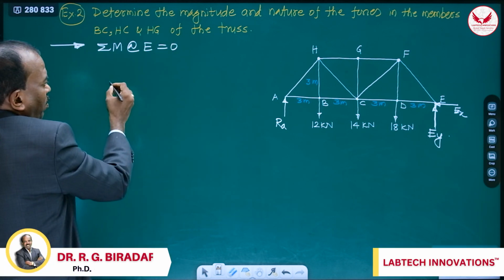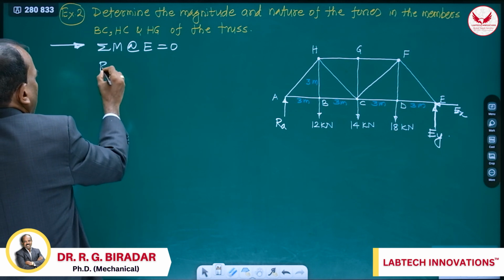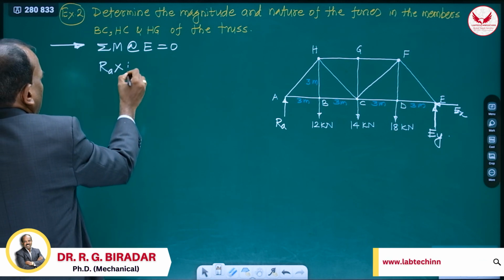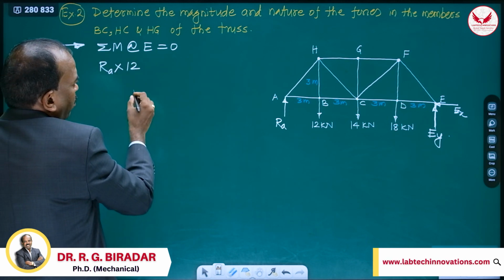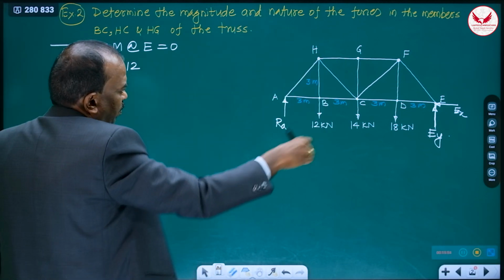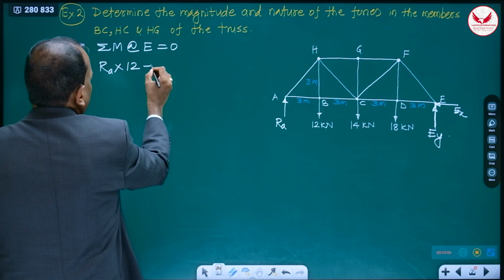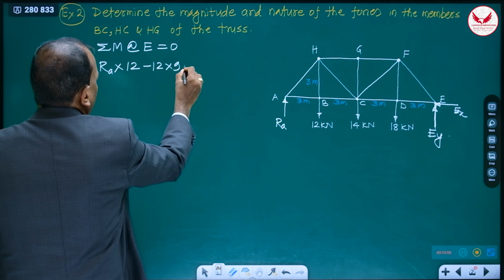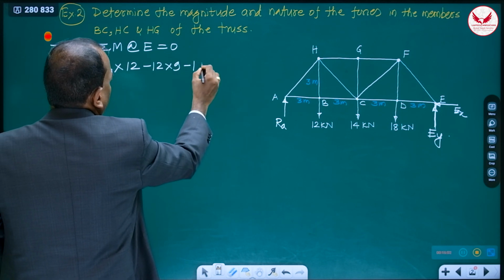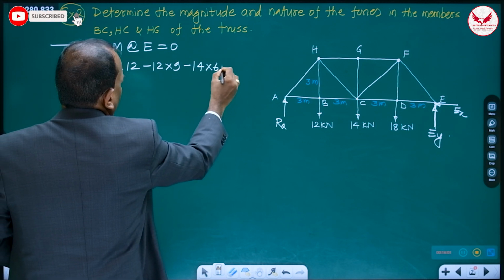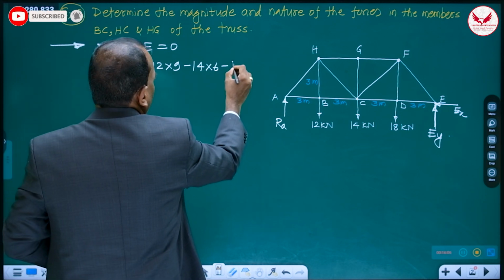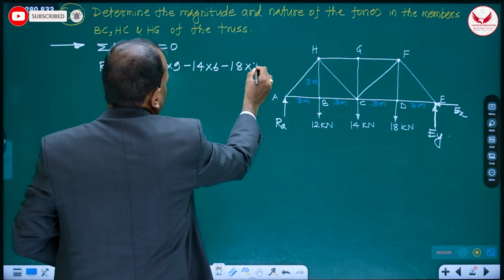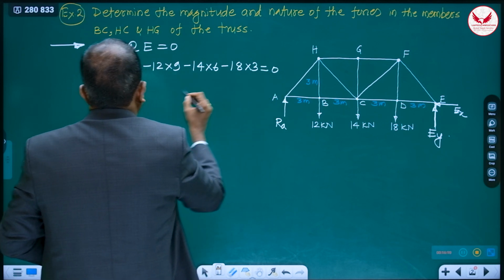Then the moment of RA about E is RA into 12, minus, it is clockwise, 12 into 9, minus 14 into 6, minus 18 into 3, equal to 0.